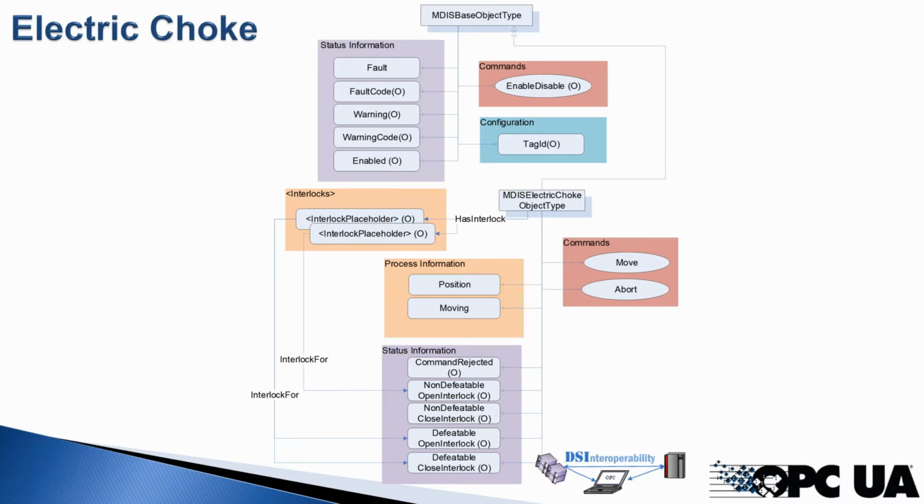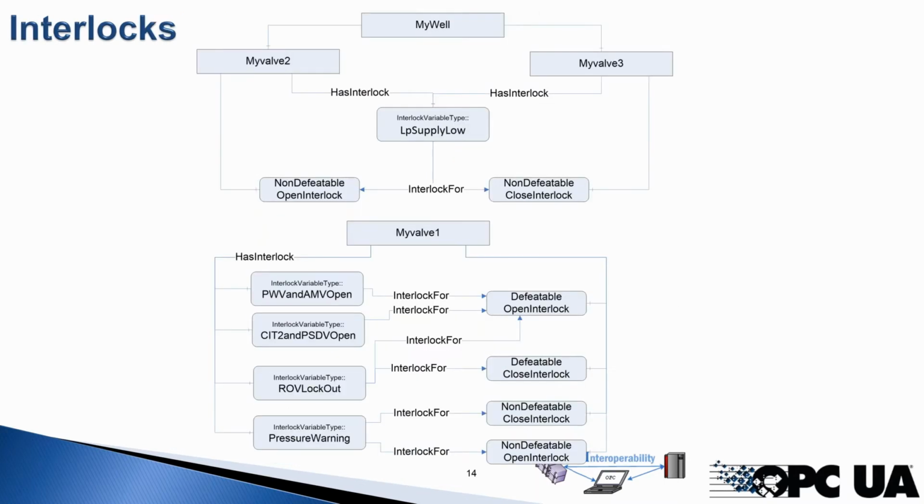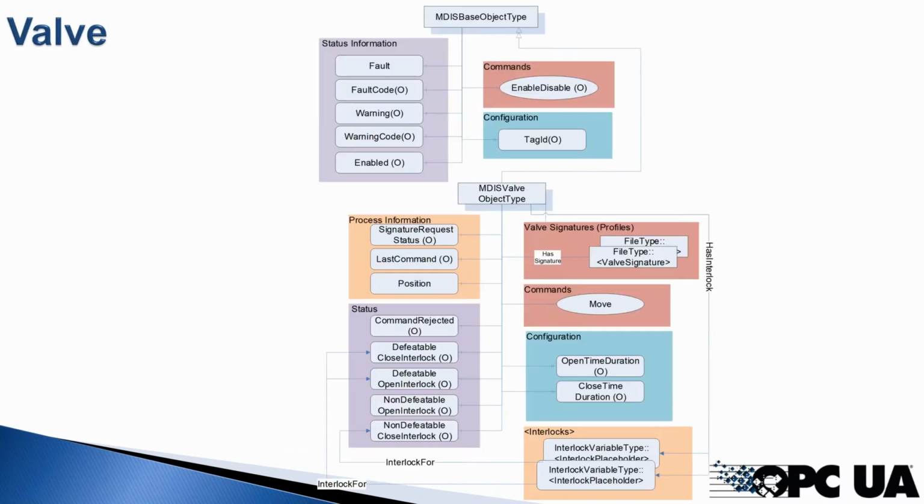Electric chokes and even the valves all have interlock capabilities that are included in the model, so you can see who's blocking or locking access to these devices. There's valves. Valves have the signatures and profile information on them so that we can actually see if the valve's behaving as it should be.